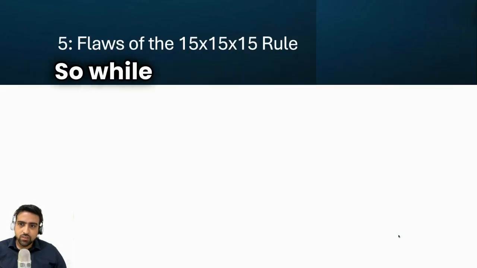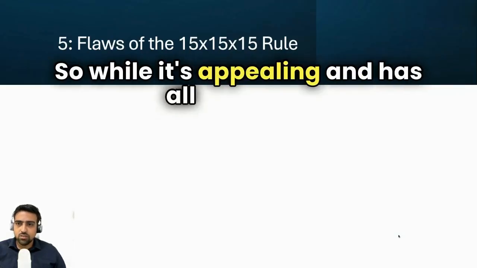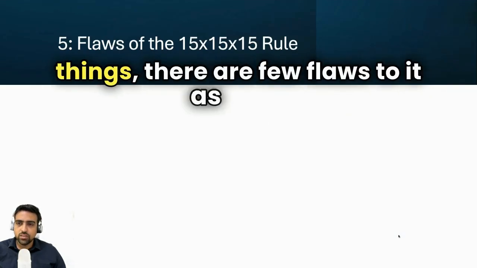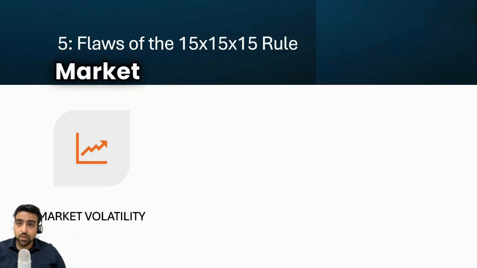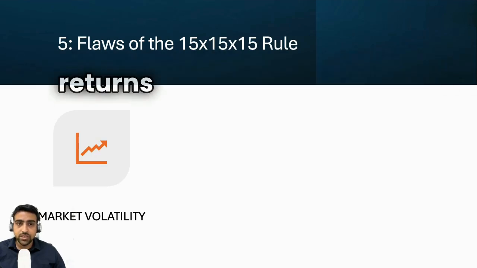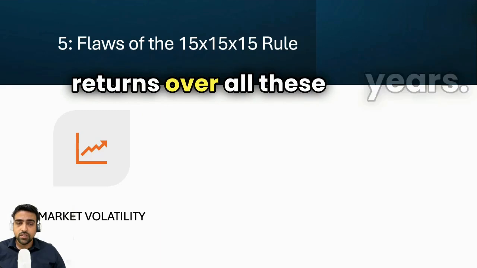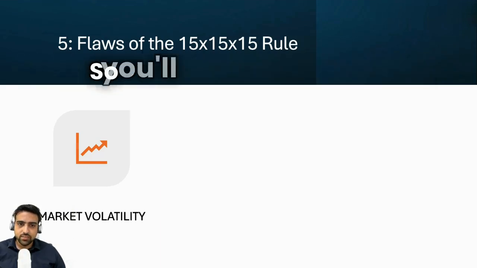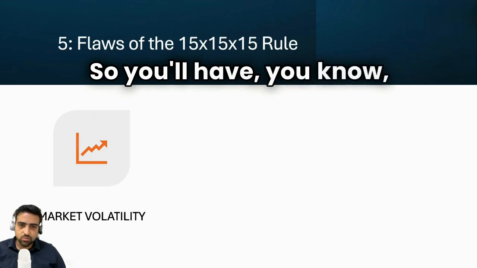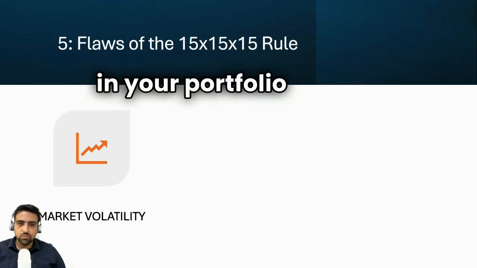So while it's appealing and has all the great things, there are a few flaws to it as well, and obviously market volatility is one of those. Market volatility can definitely affect your returns over all these years, and the market doesn't move in straight lines, so you'll have a downturn in your portfolio as well.